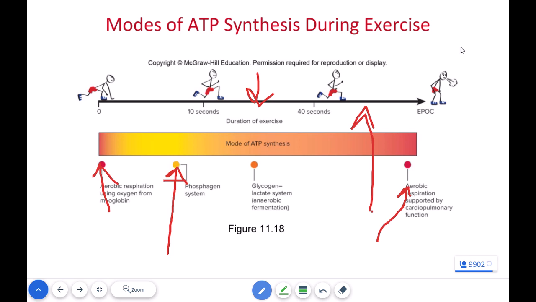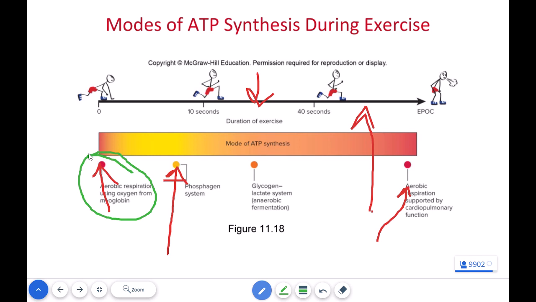And then you have a bunch of creatine phosphate and a bunch of myokinases, so that you can have the phosphagen system supply ATP. So initially, we're just going to use up latent ATP that's floating around in the muscle, and we're going to use up some latent glucose that's floating around in the muscle and generate ATP really quickly.